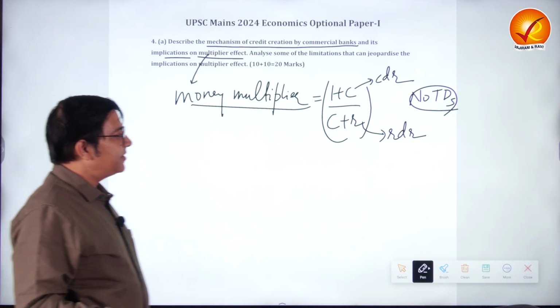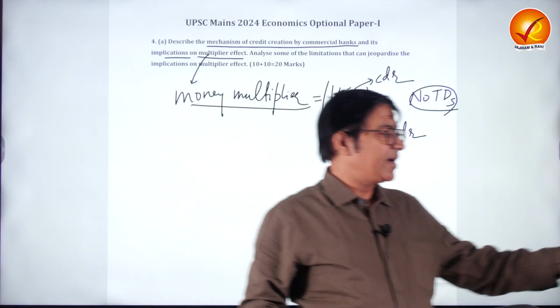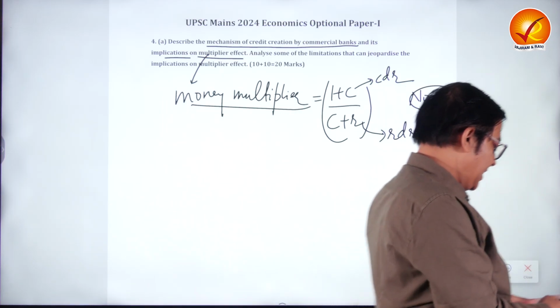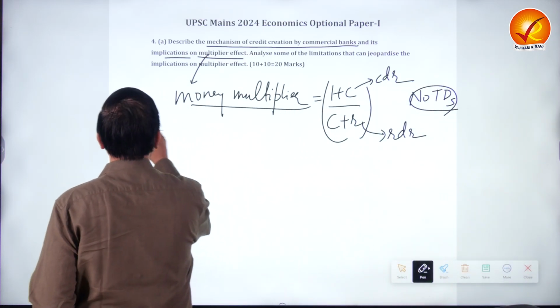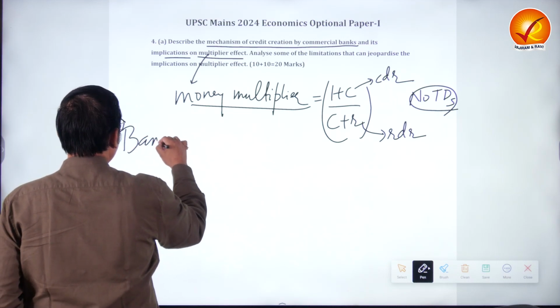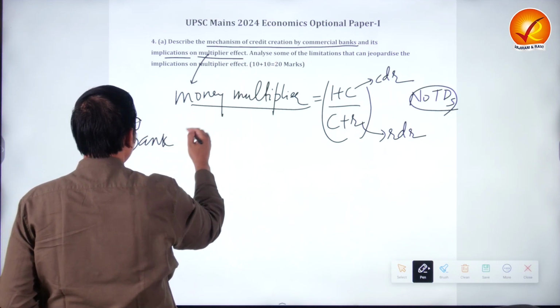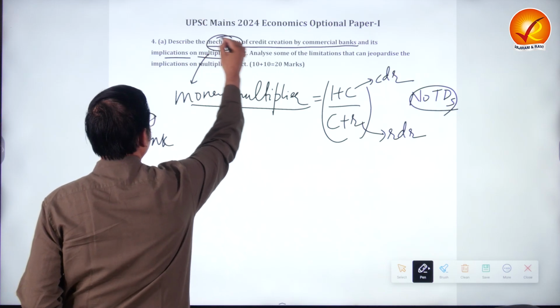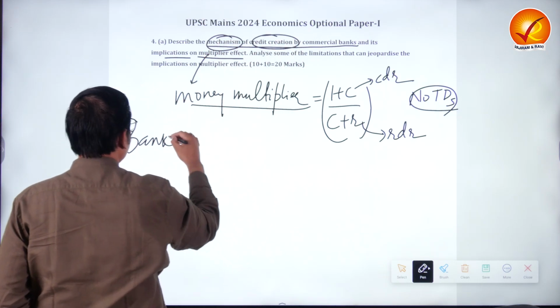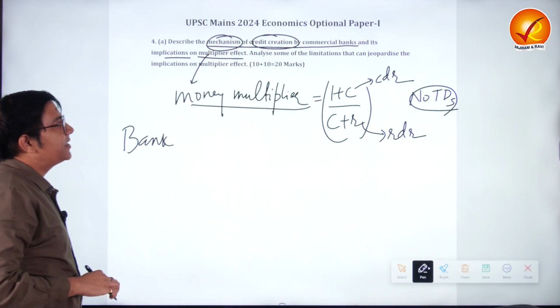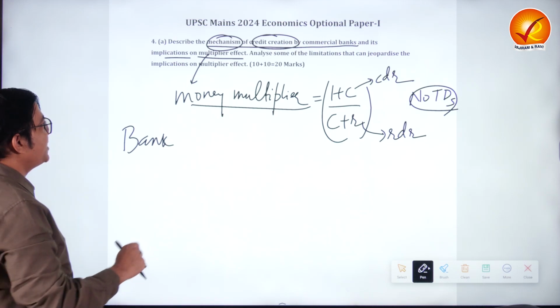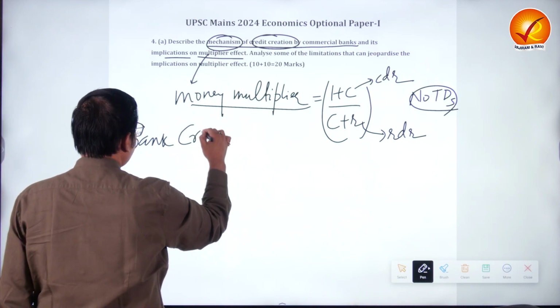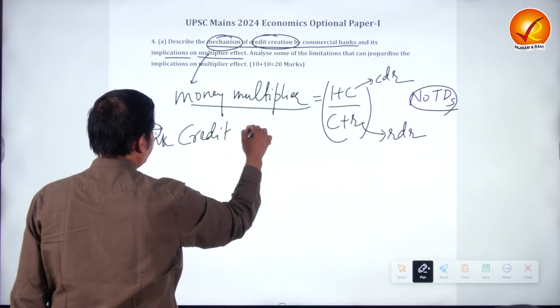But since it is an optional paper, it is better also to talk about a formal bank credit multiplier, because they are clearly asking the mechanism of credit creation by the commercial bank. They are not asking in a general way about credit creation, but the exact mechanism, for which you also need another multiplier.